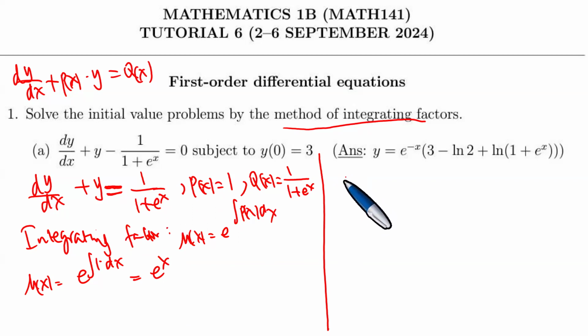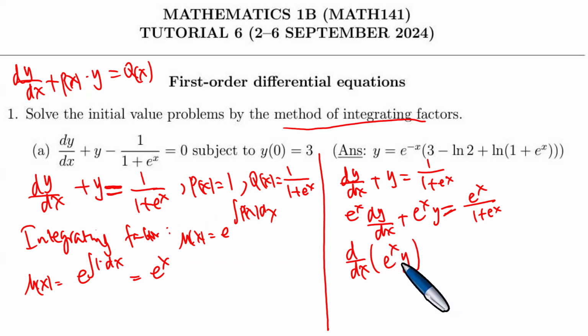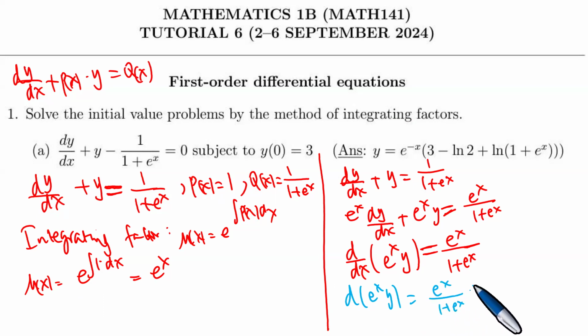You multiply both sides with it. So when you have dy/dx times e to the power x, which means it is d/dx of e to the power x y, okay, we have dx.